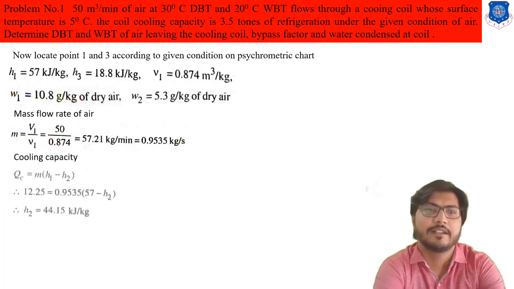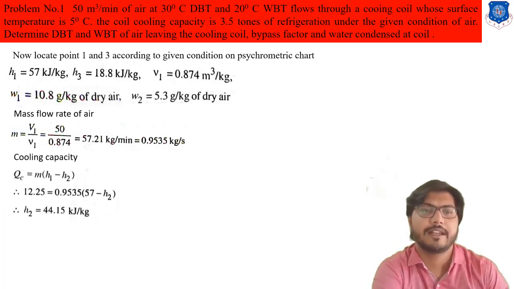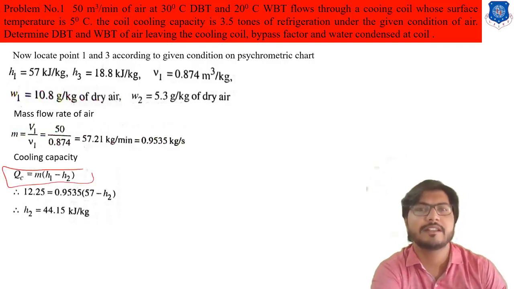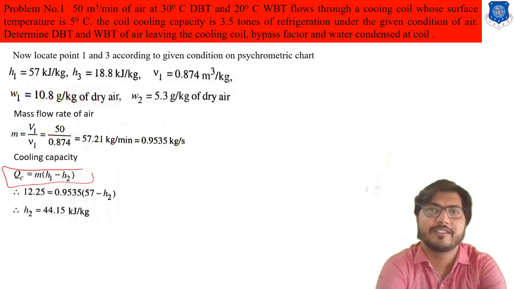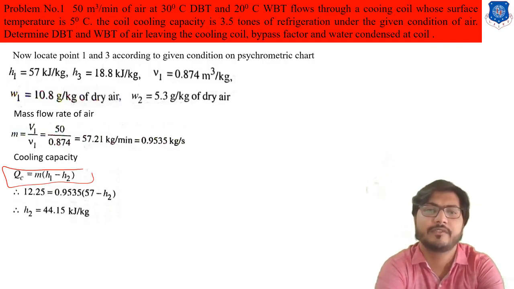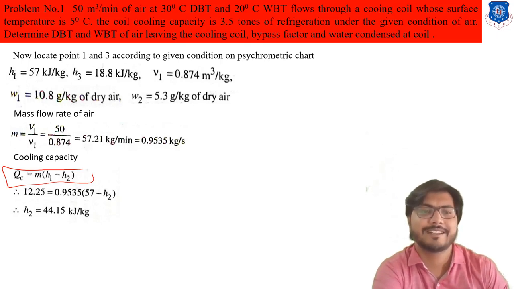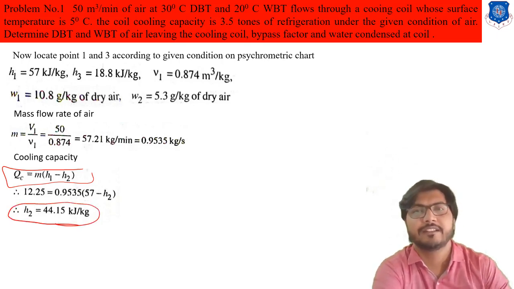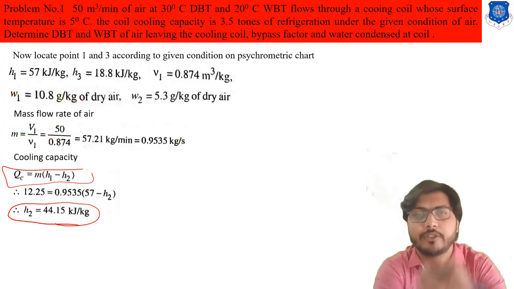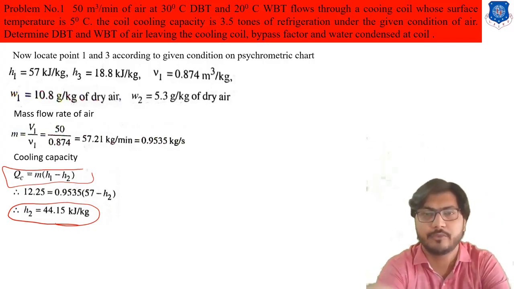Next is the cooling coil capacity. QC is equal to m times H1 minus H2. The capacity is given, that is 12.25, equal to 0.9535 times H1 minus H2. So from the cooling capacity we obtain H2 equal to 44.15, because we don't know exactly where point number 2 is on the psychrometric chart.